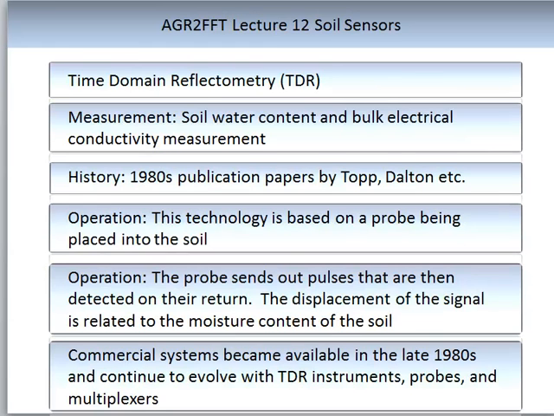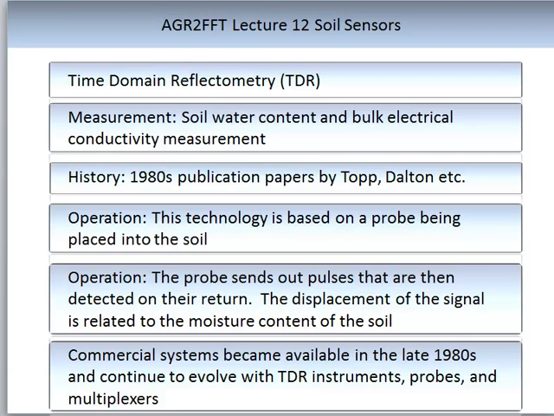Now let's have a look at a very different type of soil sensor, that of time domain reflectometry. The name gives an indication of how this sensor operates. The measurement is based on the soil water content and bulk electrical conductivity measurement of the soil. It evolved around the 1980s with a suite of publications by Topp and Dalton.